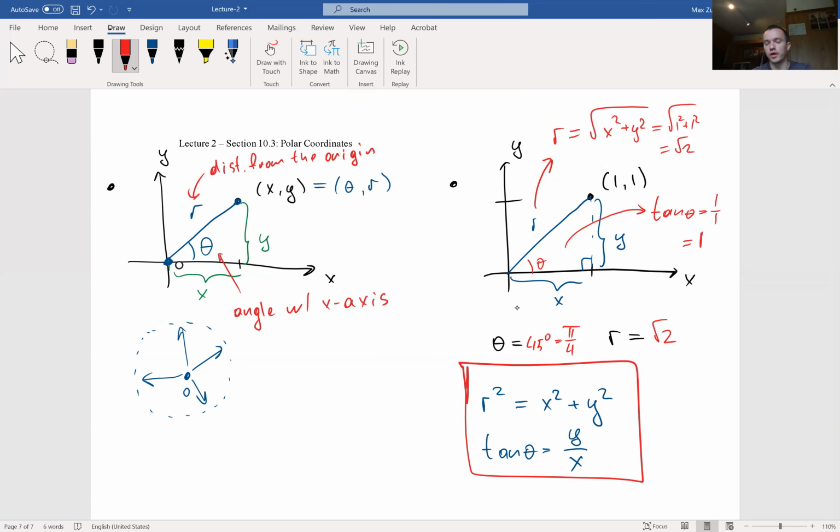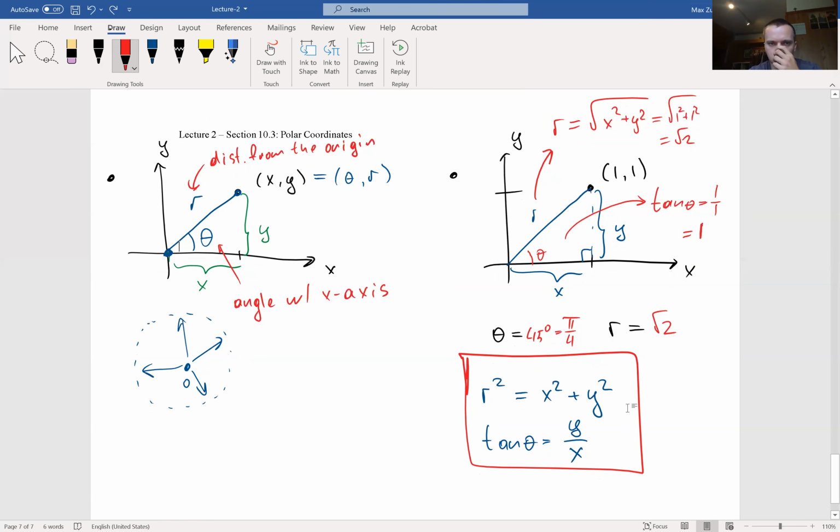Tangent of theta equal to 1 is exactly pi over 4. So that's the answer here. This is how you find the coordinates, how you go from Cartesian coordinates to polar coordinates, just using these formulas.